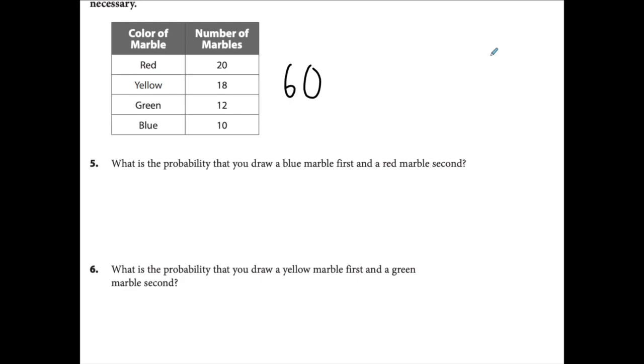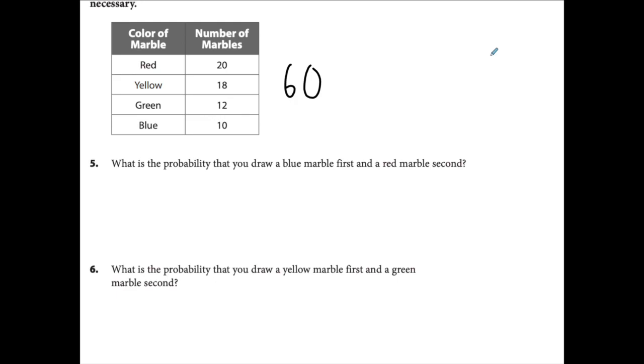Because every time I stick my hand in that bag of marbles, because I'm replacing each time I take a marble out, I always have the exact same number of marbles in the exact same quantities of red, yellow, green, and blue. So the fact that I've taken out a marble previously has no impact on the probability that I'll take out a marble in the future.